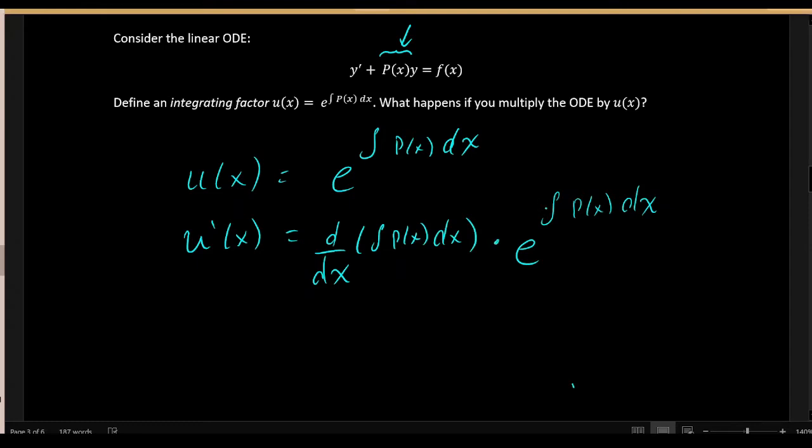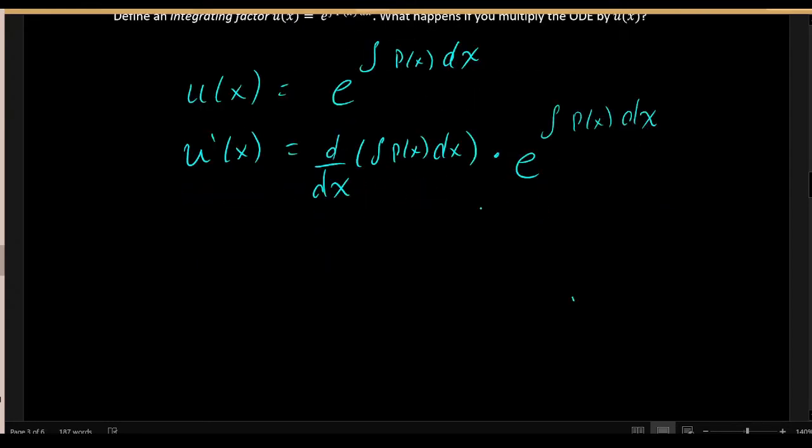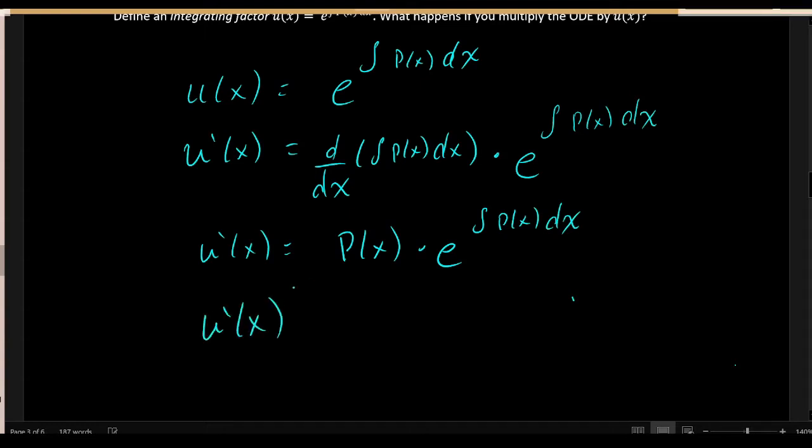But when you integrate a function and then take its derivative, those two operations are exact opposites. So u prime is equal to just p of x times e to the integral of p of x. Put another way, if you take the derivative of u of x, you just get p of x times your original function.